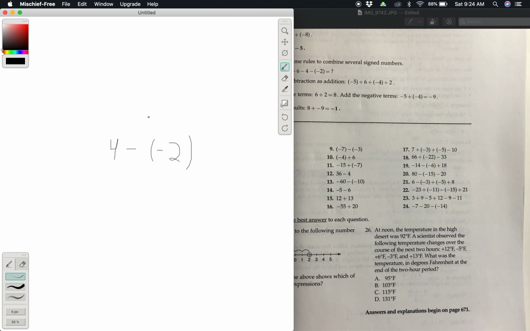So if you minus a negative amount, then essentially you're adding a positive amount. So 4 minus -2 is basically what they wrote here.